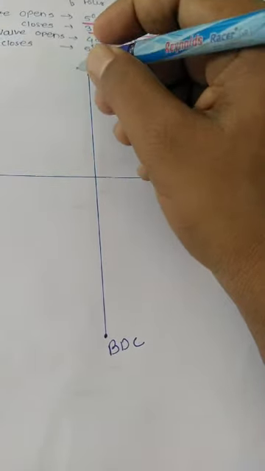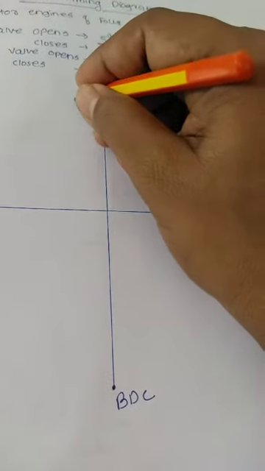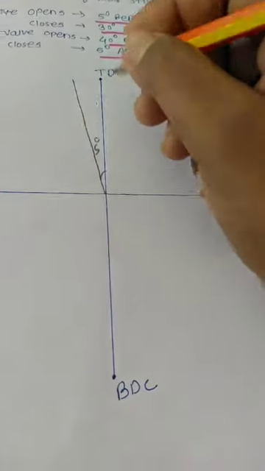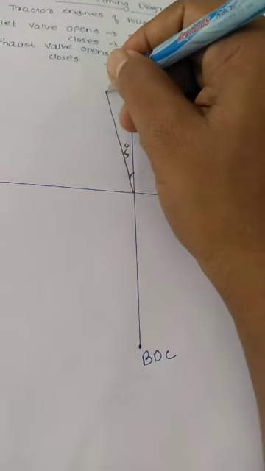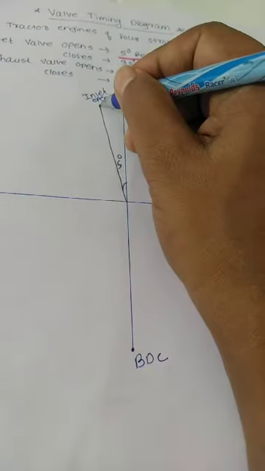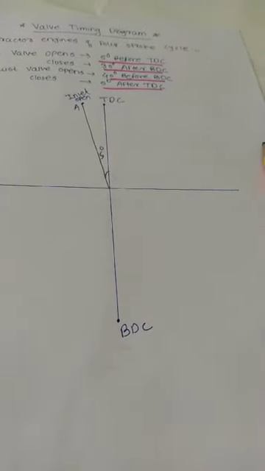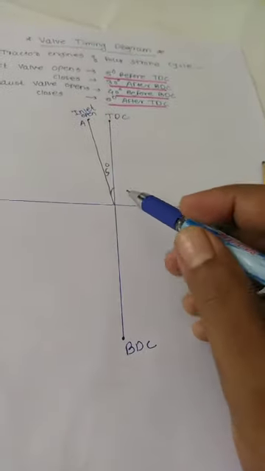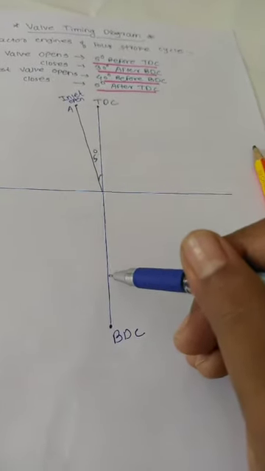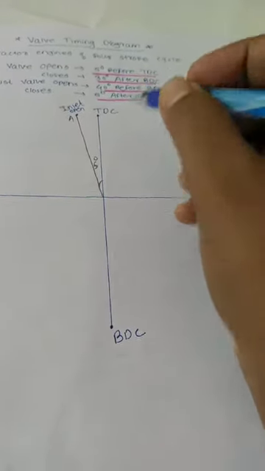So we will draw the angle 5 degree before TDC, and this point is called inlet open, 5 degree before TDC, and we name it A. Now this stroke starts at point A and it should close at BDC, but in actual this valve will close at 30 degree after BDC.